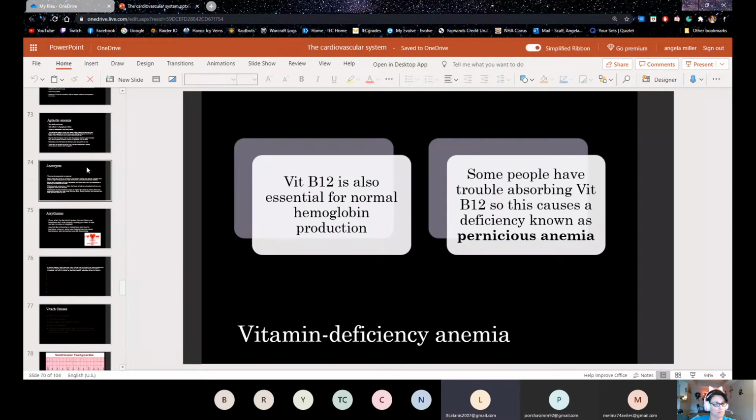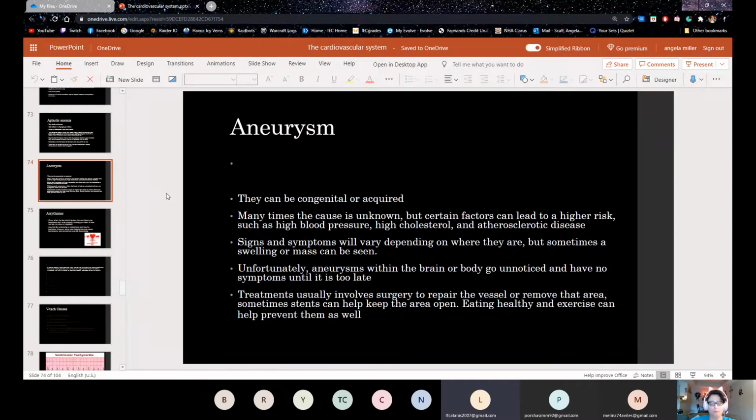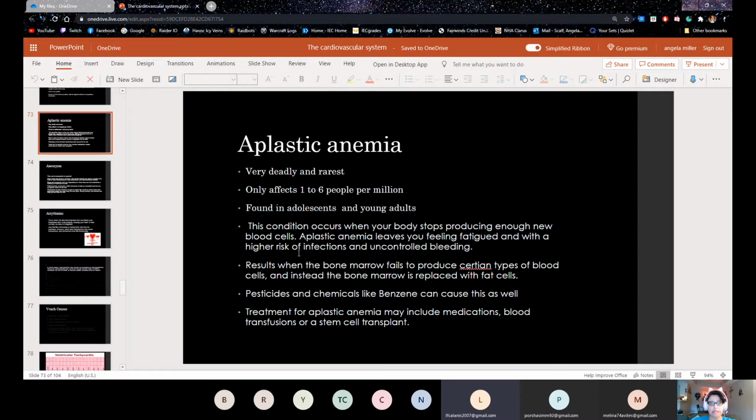Okay. And it said it's deadly, so it comes to a point that they just can't get any more. This could be very deadly, aplastic anemia, absolutely.